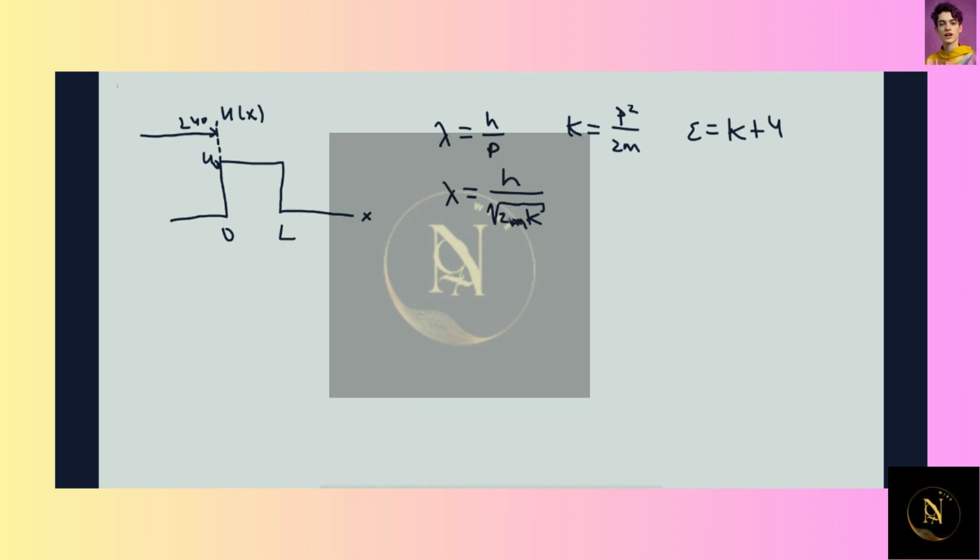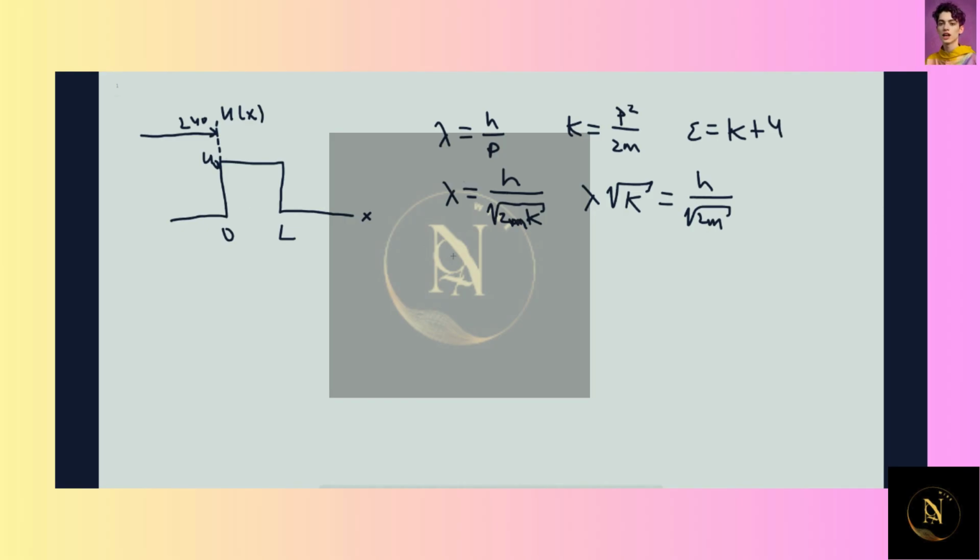All right, so one thing if you notice here, h and m are both constants. So if we solve for lambda and K, lambda times the square root of K is equal to h over the square root of 2m. So no matter where you're at in this region, this will always be the same.